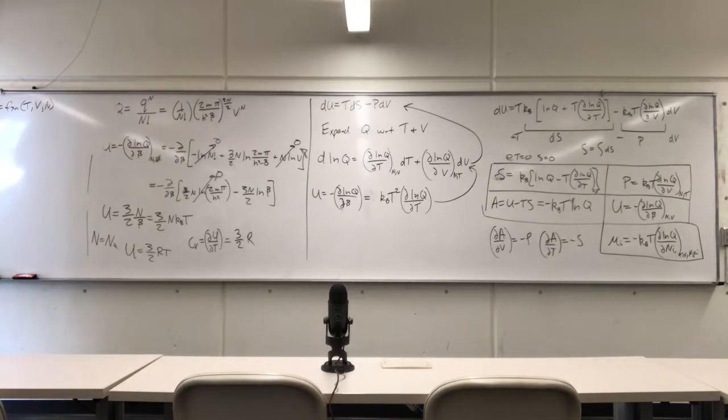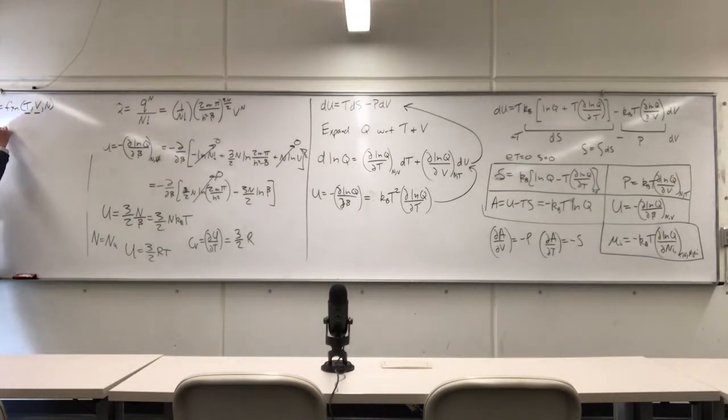What should we expect? So what do we call a function that relates pressure, temperature, volume? Equation of state. So which equation of state should we expect for a collection of non-interacting particles? We should get the ideal gas law.